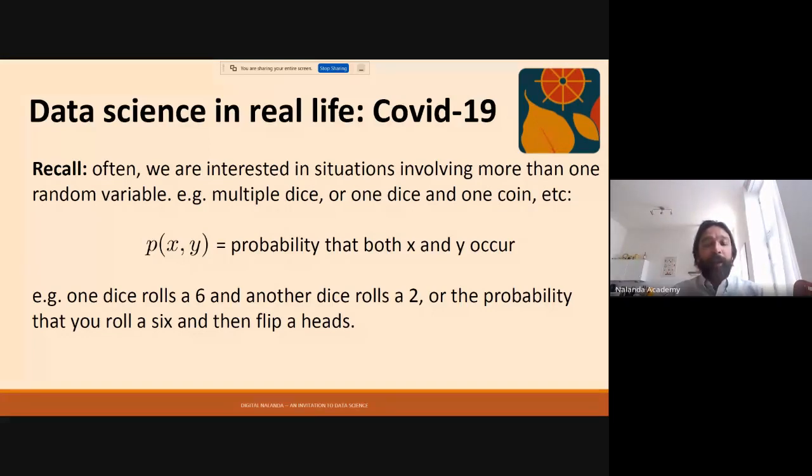So you can have 2 different events, and you may ask, what is the probability that both those events occur? So what is the probability that you're rolling 2 dice, and one rolls a 6 and another one rolls a 2, or if you have a dice and a coin, and the dice rolls a 6 and you flip the coin and you get a heads.